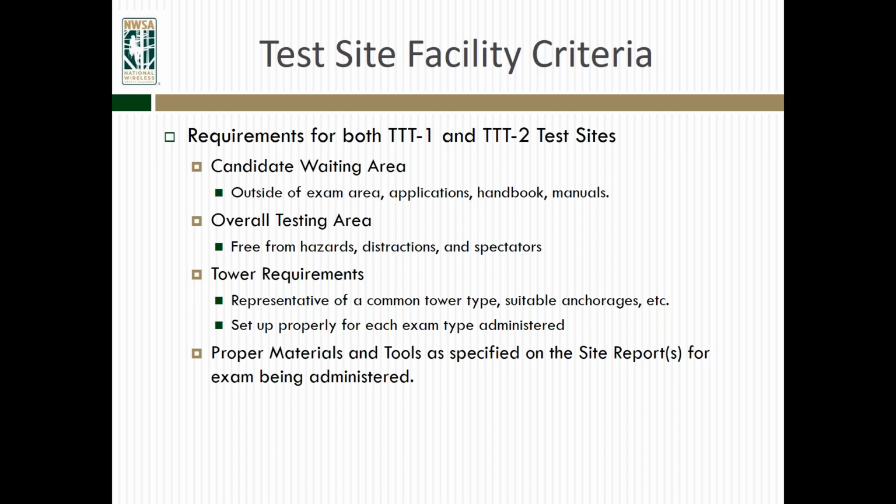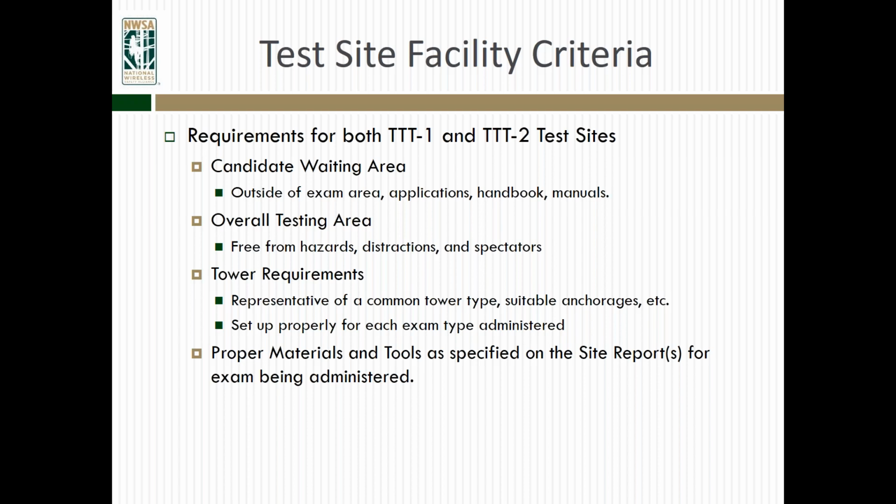You want to have a copy of the candidate handbook, as well as any instruction manuals associated with the different exams. For the T2, you would want to have the guy wire instructions, the capstan manual, a couple things like that available so that they could review them as well as the handbook while they're waiting to do their exam. So important to have a good candidate waiting area.